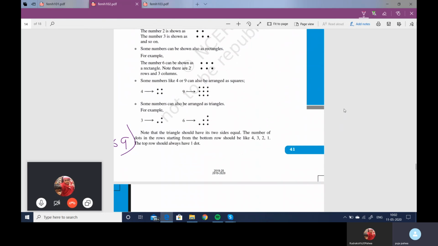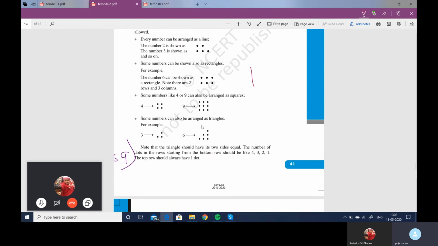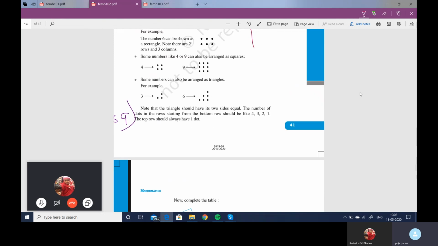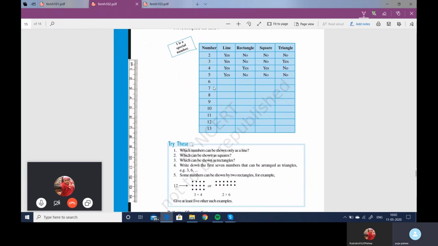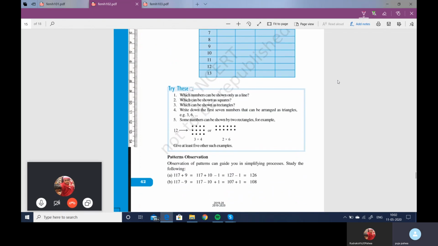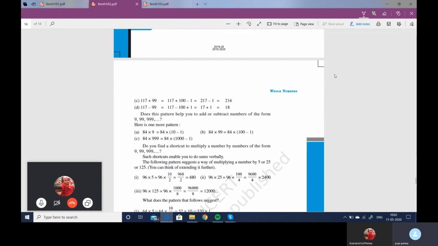Now patterns in whole numbers, like dot systems. There's an arrangement from the number line, 4, then 9, 3, you have to do like this. Now it's in dot arrangement, pattern observation.